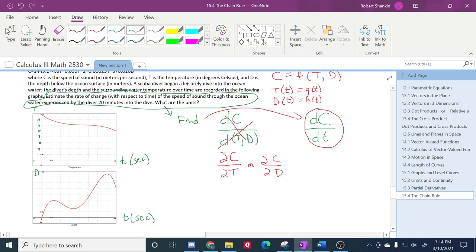So I'd put a vertical bar evaluated at t equals 20. You can do it with a vertical bar, or you can do it like this, of 20. I prefer the vertical bar kind of a thing.